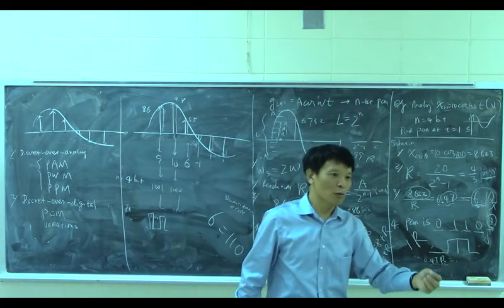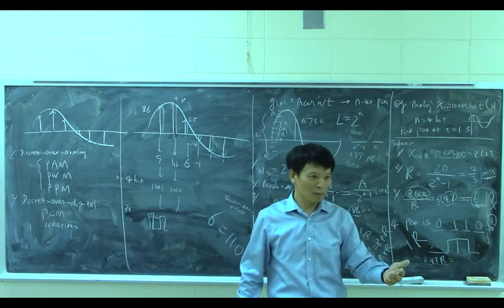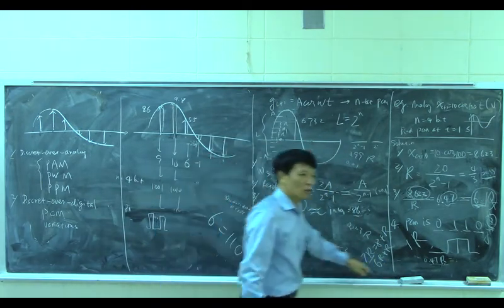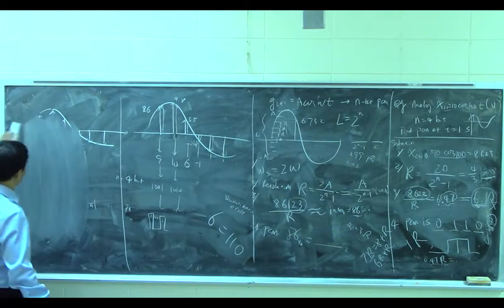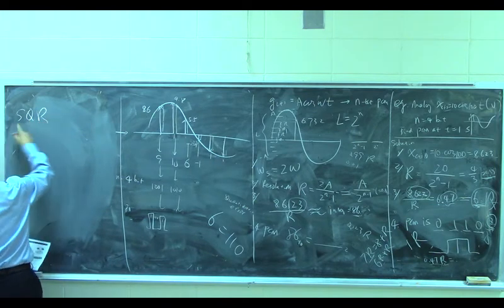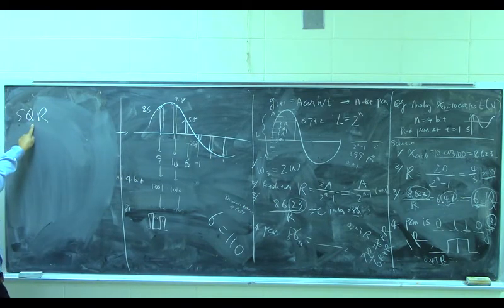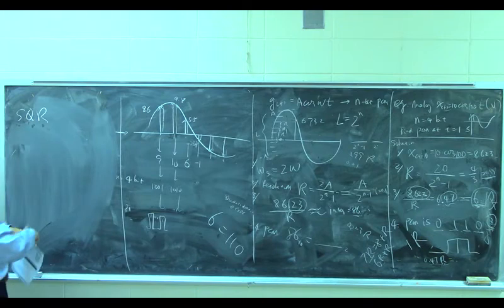What is the minimum value other than 0 that can be represented? R. So we define the signal to quantization error ratio, called SQR, like SNR, signal to noise ratio.